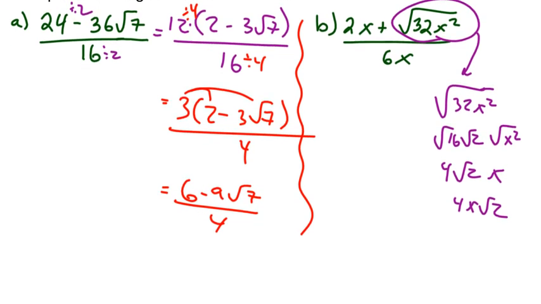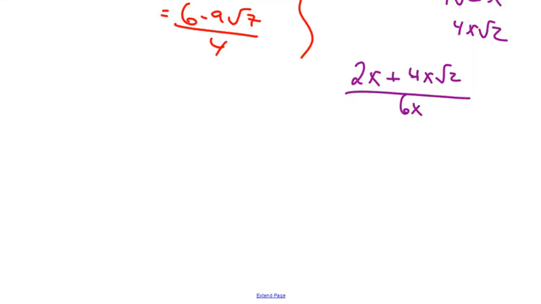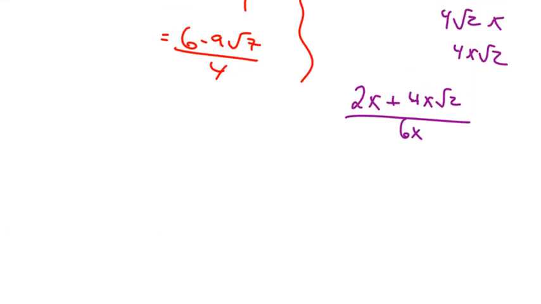All right, so now I'm going to rewrite my problem, but I'm going to replace this guy with 4x radical 2. So I have 2x plus 4x radical 2, and that's all over 6x. All right, so now can I factor anything out of the numerator? Is there a GCF that you can factor out of 2x plus 4x radical 2? Well, yeah, don't they each have a 2x in common?